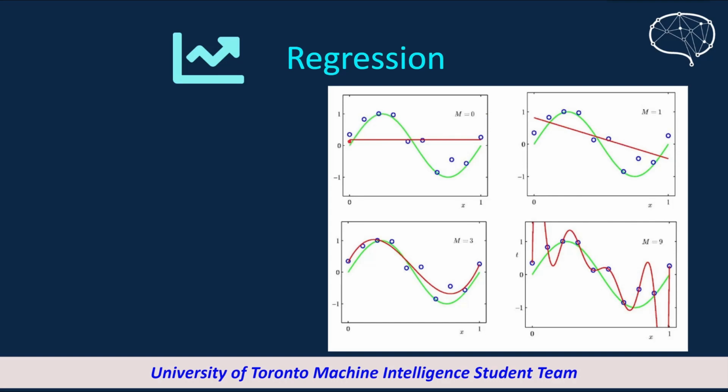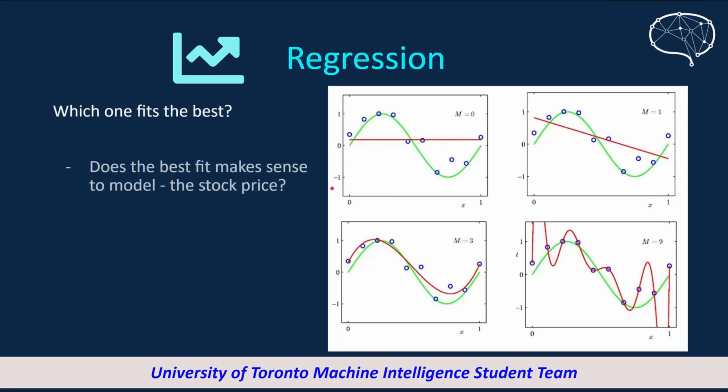Because the data is noisy, it doesn't necessarily stay on this green line, but we can think of this green line as where the actual data, or other data points, would lie. It's how the stock price would be in real life. And you could pause for half a minute to think about the performance of these fittings. Which one fits the best?